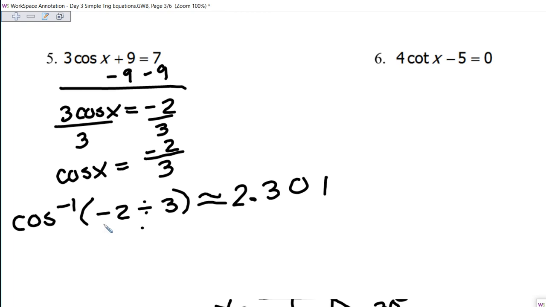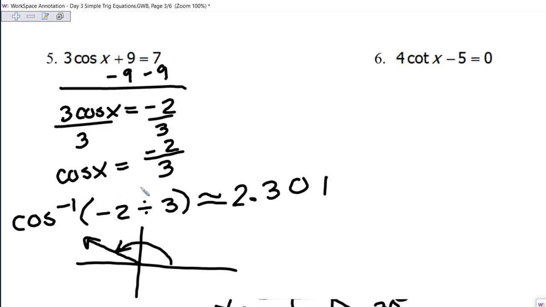Well, first of all, our cosine value is negative. So in which quadrants is cosine negative? 2 and 3. So 2.301, which quadrant would that fall in? 2. 2.301 would be somewhere over here.